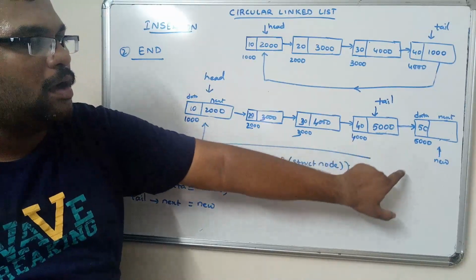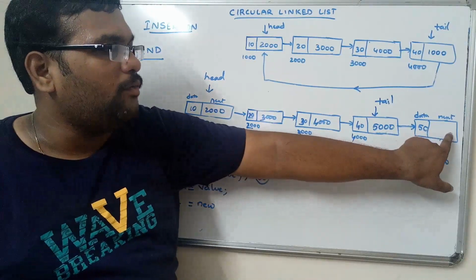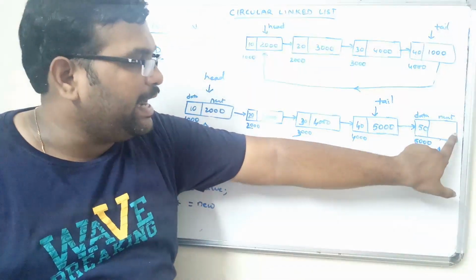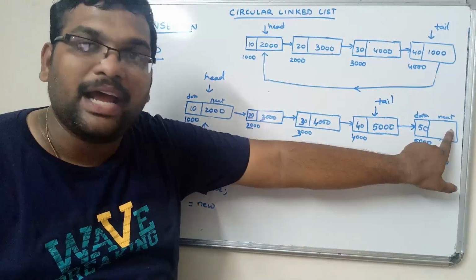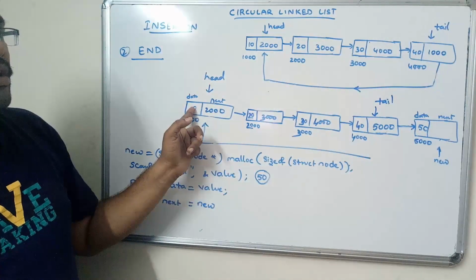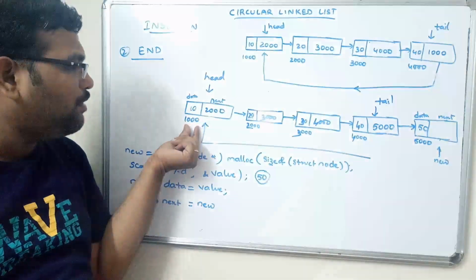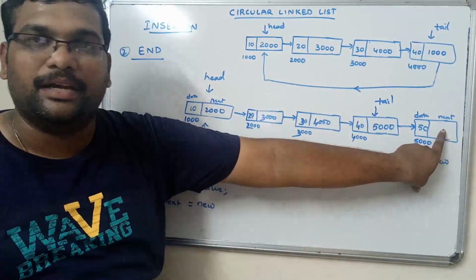Now what should be placed here? Because this is the last element, the address field of the last element should have the address of head. So here it should be placed the address of head, that means 1000 should be placed here.